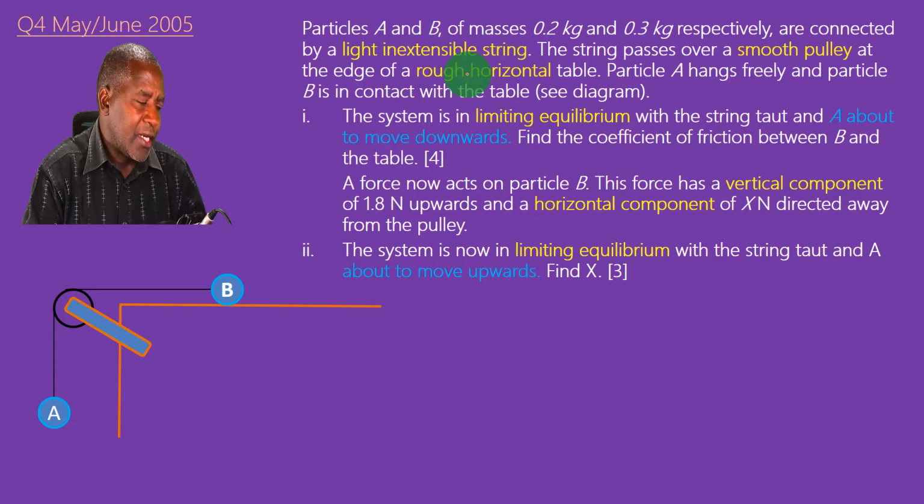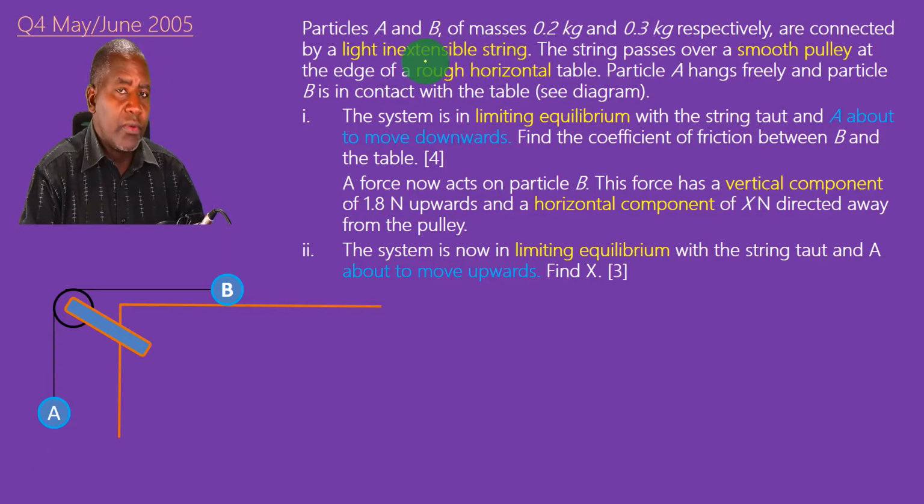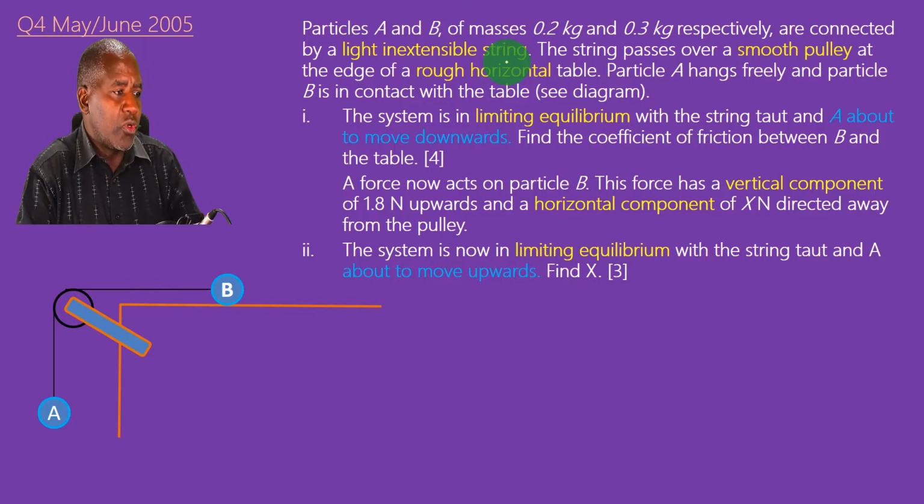I have underlined that, and I hope by now when we mention light inextensible strings, it means we are going to assume that they don't stretch, their weights are negligible. Those are the two things that are very important when you mention light inextensible strings. So don't allow that term to confuse you.